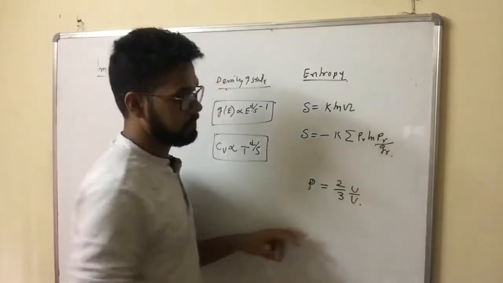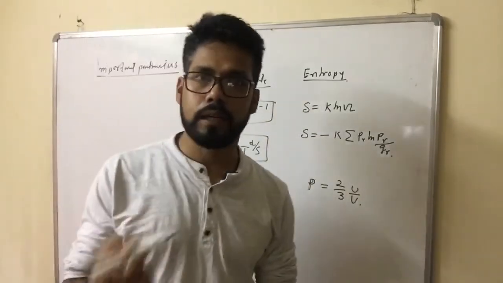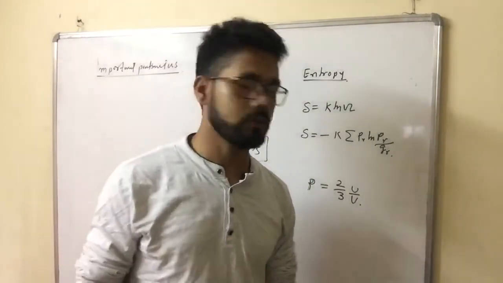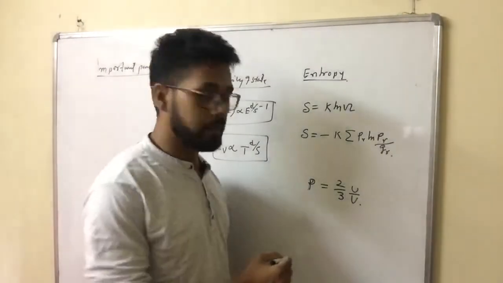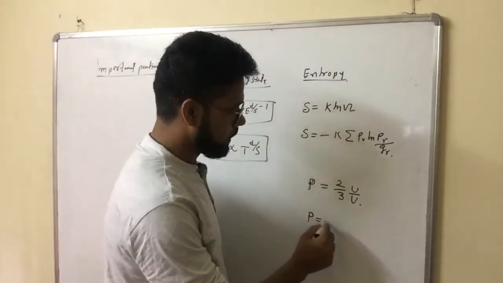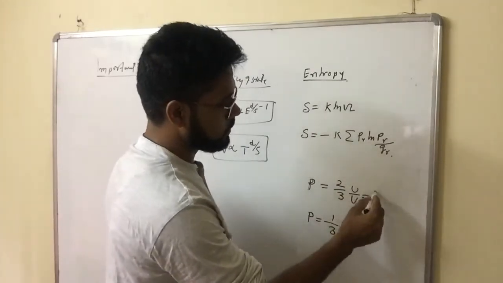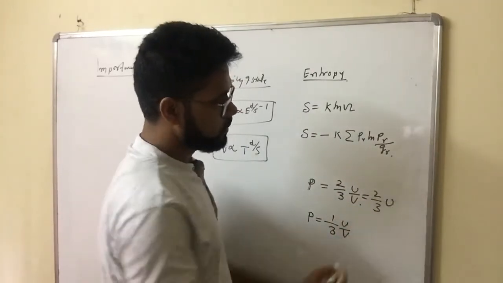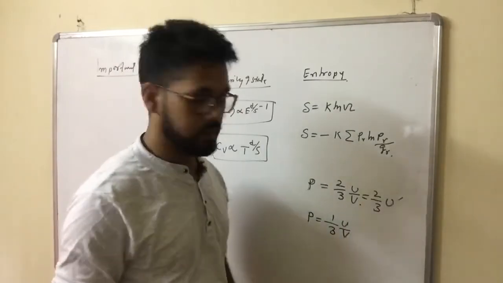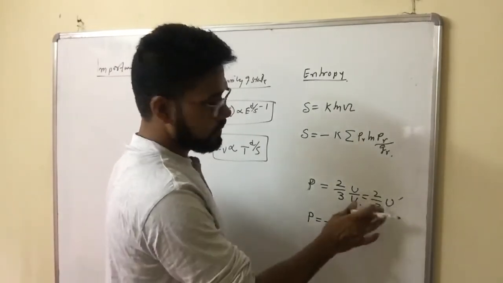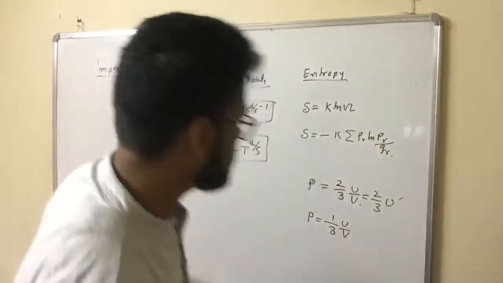Is it okay? But do you remember the pressure in black body radiation is 1/3 U/V? Or, with U as the energy density, you can write 2/3 U here also. This is a pressure formula.